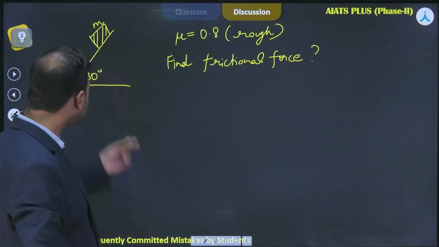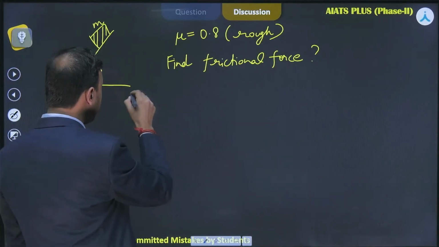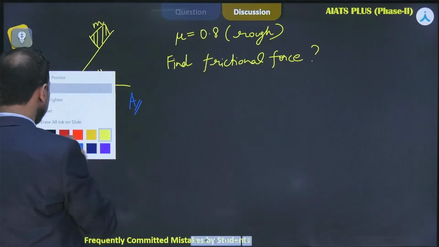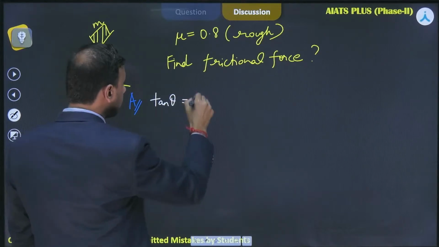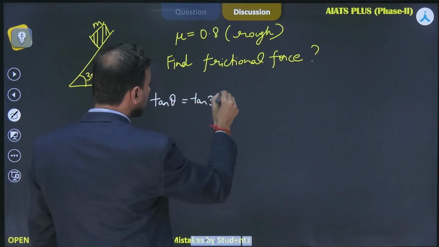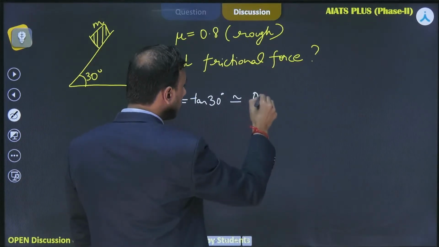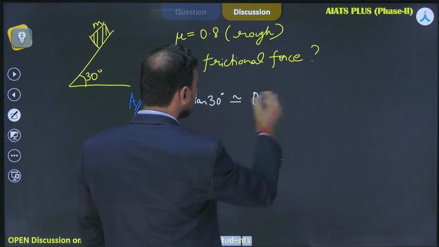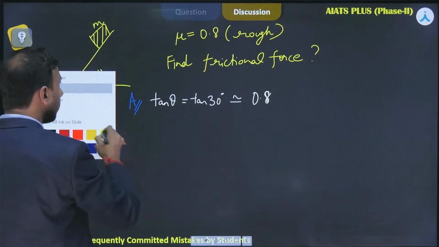See here, tan theta, the same tan theta. So tan 30 degree is how much over here? Tan theta is tan 30, it was roughly equal to 0.8. Okay, this is coming closer, isn't it?